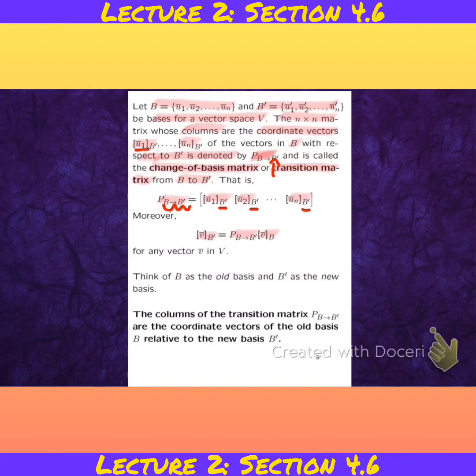So remember what I said, B is the old basis and B prime is the new basis. You always write the old basis first and the arrow points to the new basis. So the columns of the transition matrix P are the coordinate vectors of the old basis B relative to the new basis B prime.